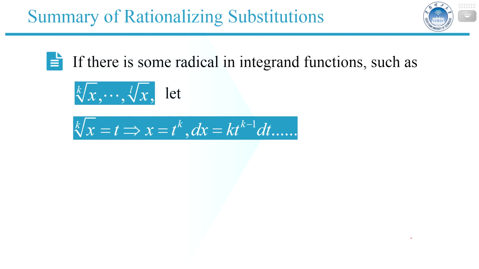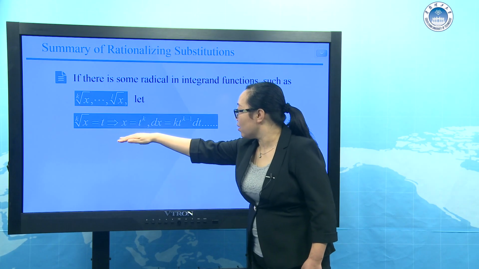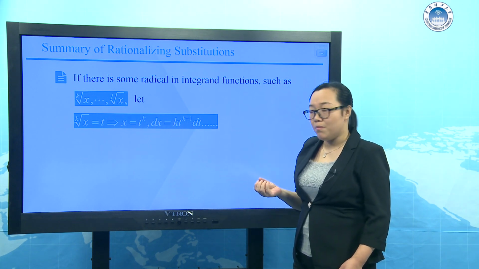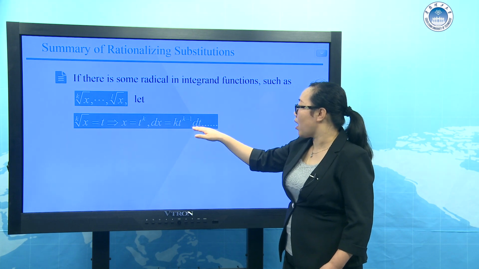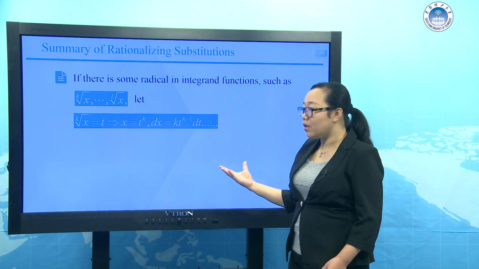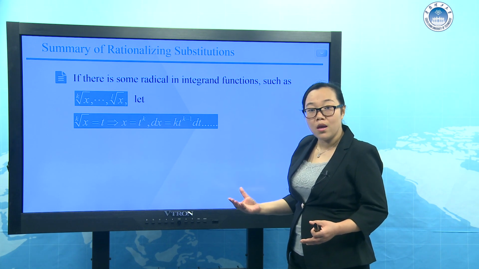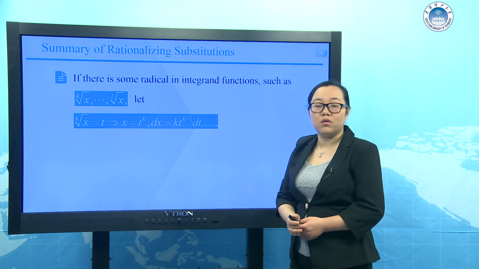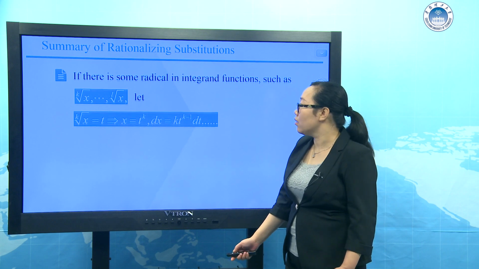Do the same computation: differentiate both sides. So dx equals d(t to the k), which means k t to the (k minus 1) power times dt. Try to make the integrand a function of t, with dx equal to this expression. So the original function will be a function of t.